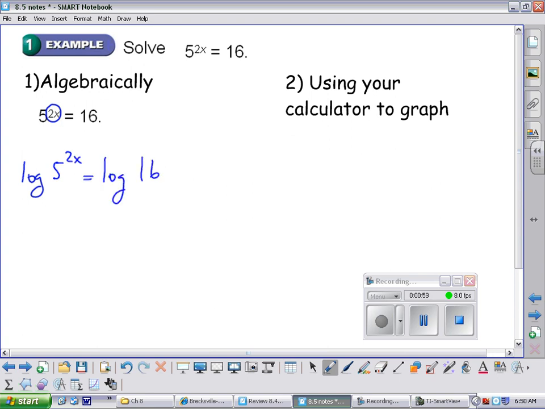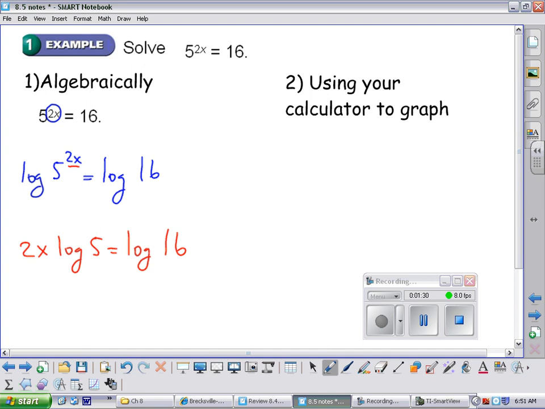That's justified algebraically, because anytime you do the same thing to both sides of an equation, that's okay. What this allows us to do is bring the exponent out in the form of the power rule. We know the power rule now, so I can rewrite this as 2x in front, log base 10 of 5 equals log base 10 of 16.